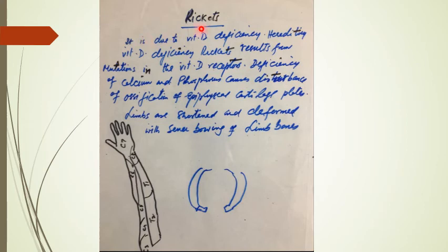Another related condition is rickets due to vitamin D deficiency. Hereditary vitamin D deficiency rickets results from mutation in the vitamin D receptors. Those receptors which receive vitamin D undergo mutation, alteration, so they fail to catch the vitamin D. Deficiency of calcium and phosphorus causes disturbance of ossification of the epiphyseal cartilage plates.